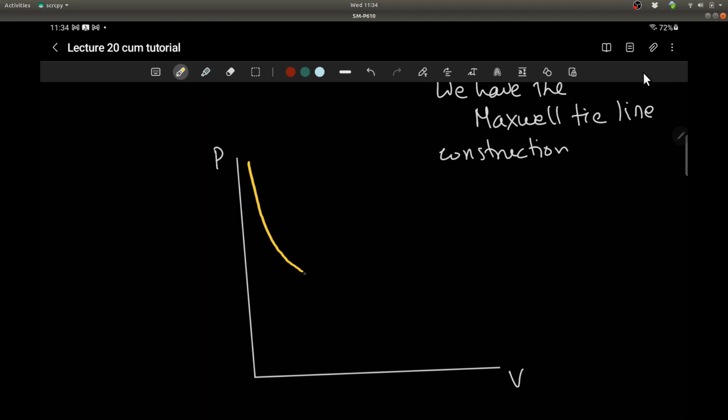It's like this, then there's a horizontal line. Okay, so this is the corrected curve.